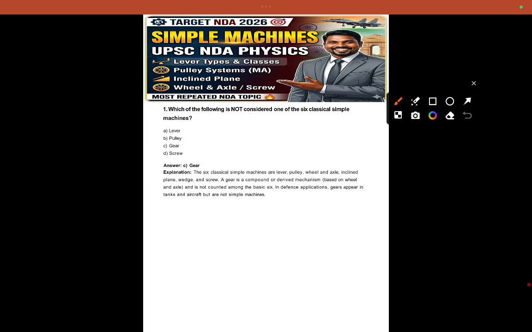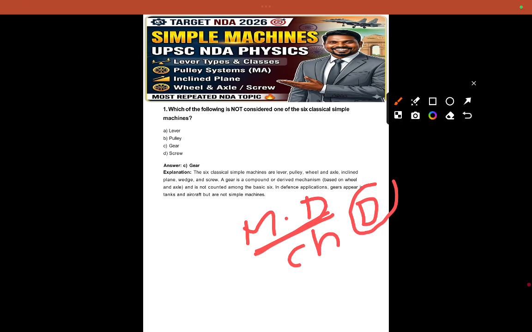A simple machine is a mechanical device that changes direction or magnitude of the force. It may change the direction or it may change the magnitude of force.